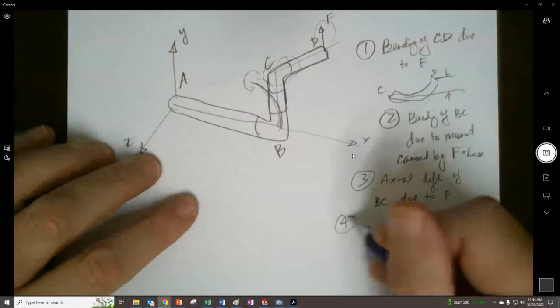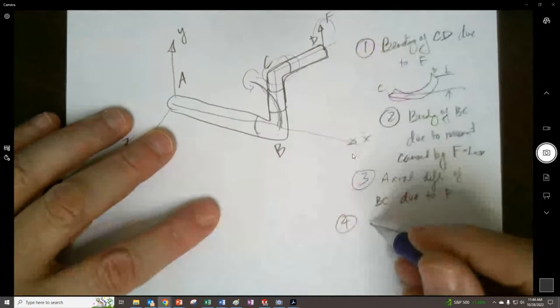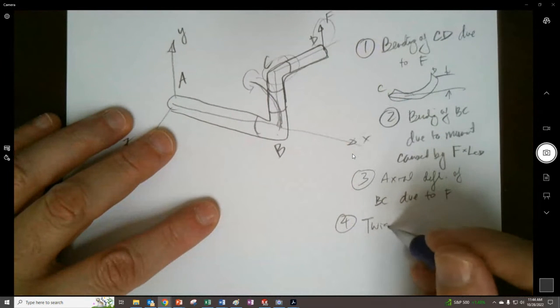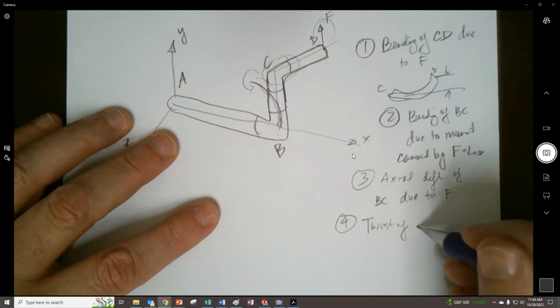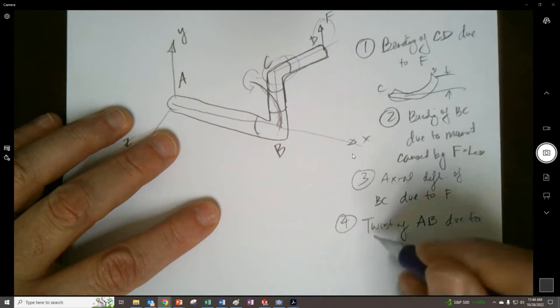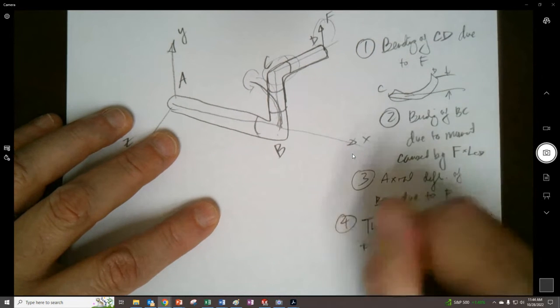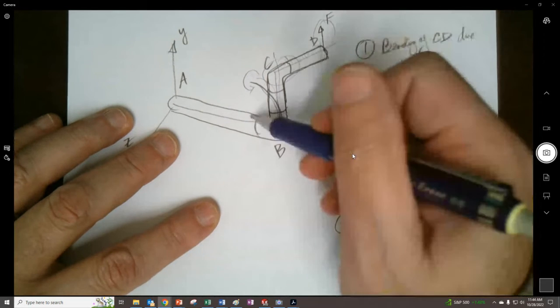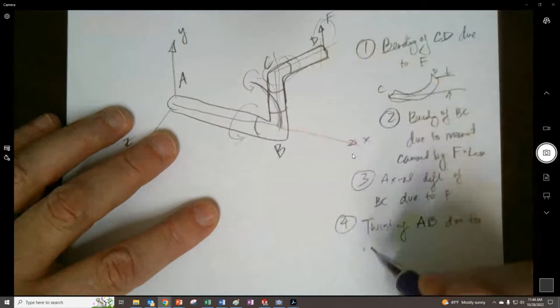And then maybe the fourth one would be twist of AB due to torsion or torque. And once again, that's going to actually be the same moment that is causing this guy right here.